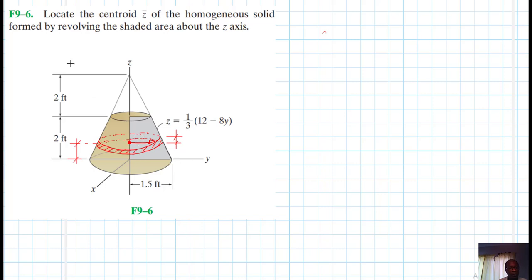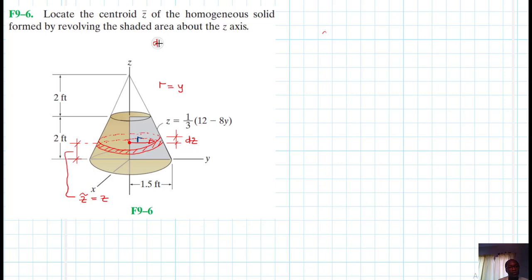Okay, so this one is equal to r. So this is dz, and then this one, z tilde, is just equal to z, and then this r is equal to y.